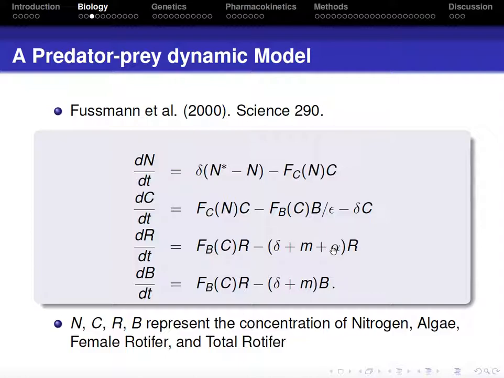So you can see here for these four equations, this models the four components inside this predator-prey system, and all these equations have very easy interpretations, right? Okay, so therefore it's very easy to understand.